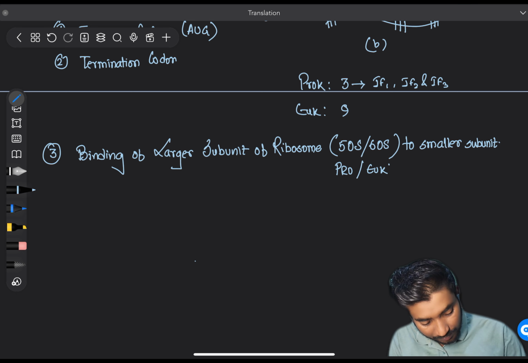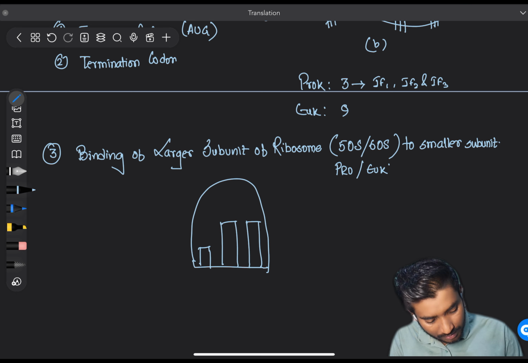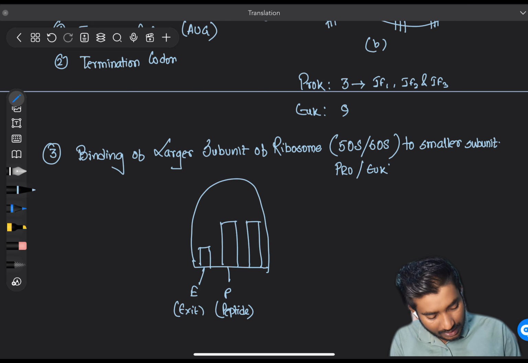Now what happens? See here, this is of eukaryotic, this is of prokaryotic. This is called exit. P is for peptide and A is for aminoacyl.